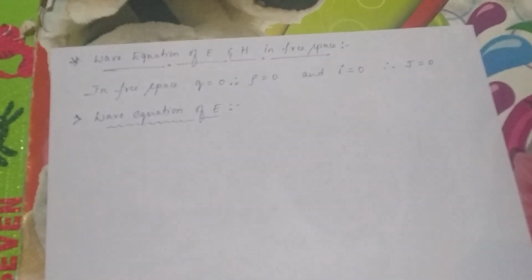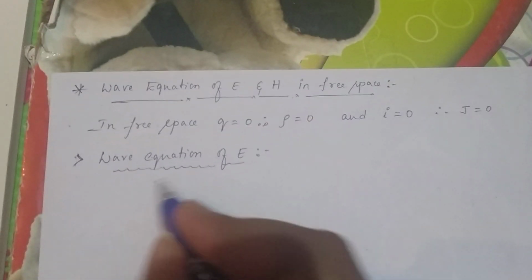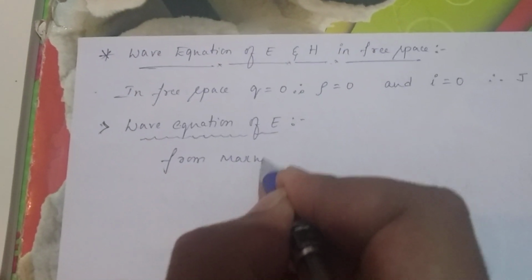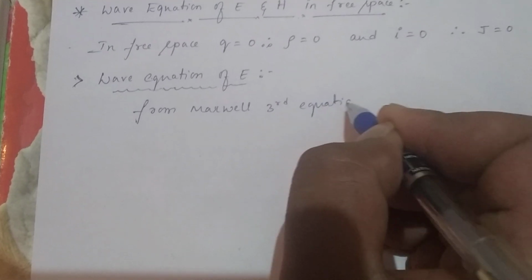Now I am going to derive the wave equation of E from Maxwell's third equation. Please make a note of these 4 equations, from which I am going to derive.